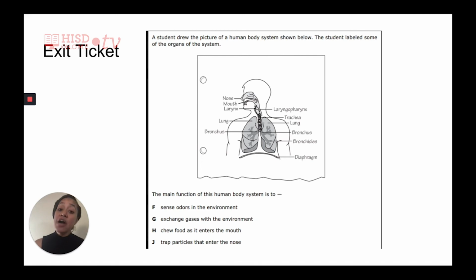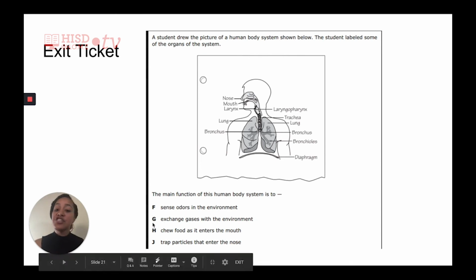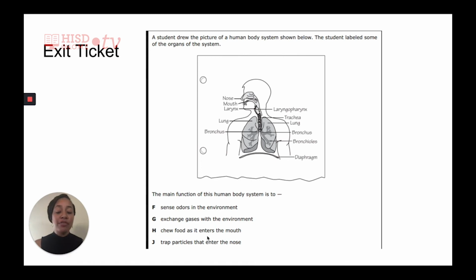The main function of this body system is to F, sense odors in the environment, G, exchange gases within the environment, H, chew food as it enters the mouth, or J, trap particles that enter the nose.